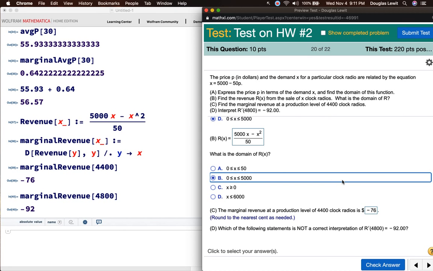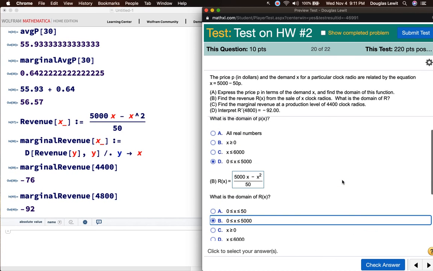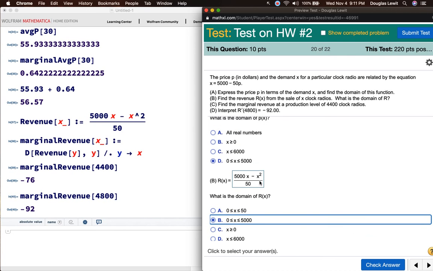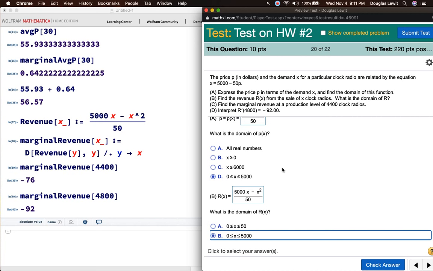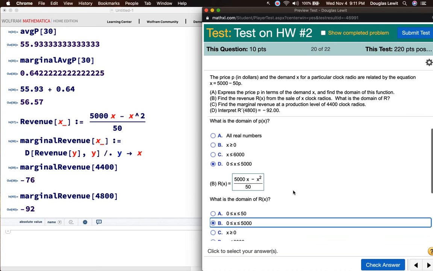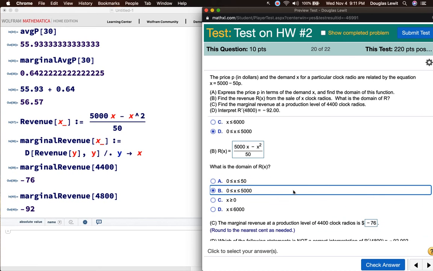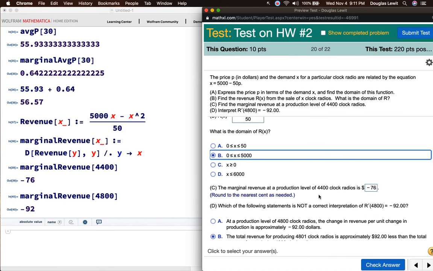And the reason is because the answer for part A is that the domain of x is such that x has to be between 0 and 5,000, which is logical. So here the domain of the revenue function should also be x between 0 and 5,000. So I believe that was a little mistake that I made.